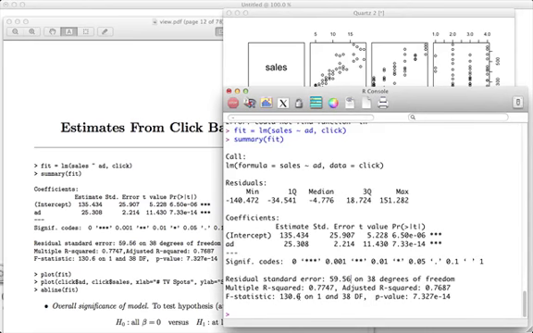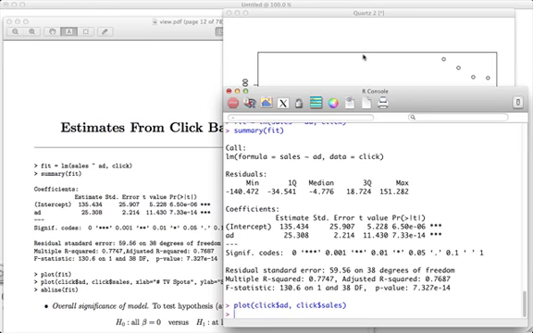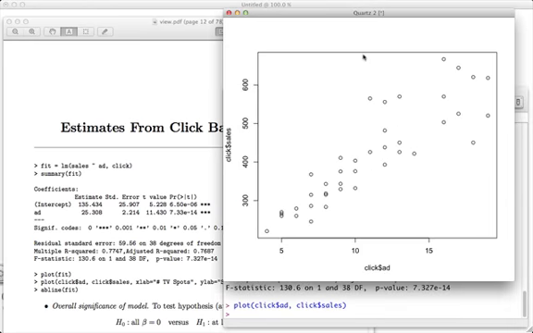Let me show you how you could plot this. First off, I'm going to plot click$ad on the x-axis and click$sales on the vertical axis. So now you'll see a nice scatter plot.